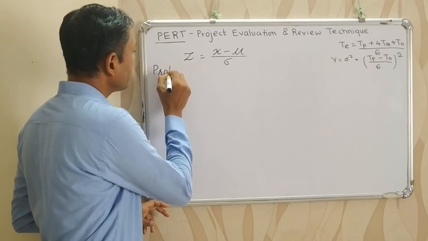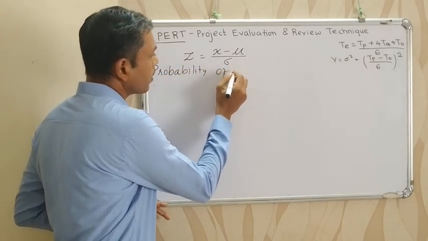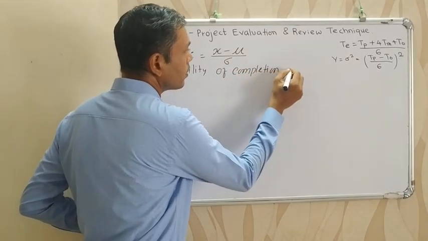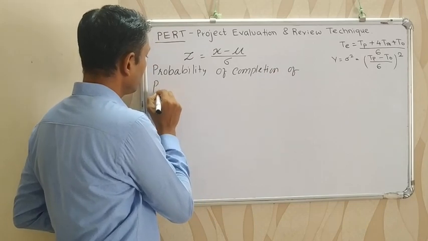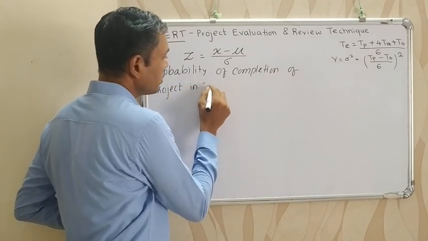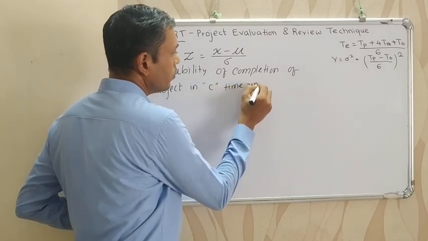Now let's calculate the probability of completion of project in C time unit.